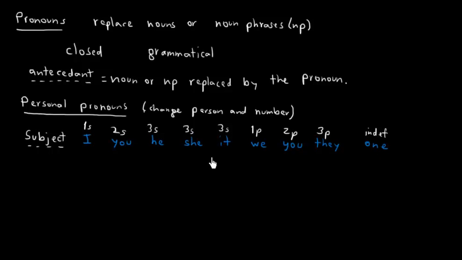Okay, and the indefinite can be used in a sentence to replace any of the singular pronouns. So I run, you run, he runs, she runs, it runs, we run, you run, one runs.